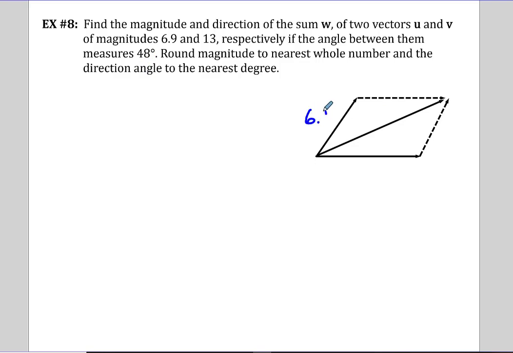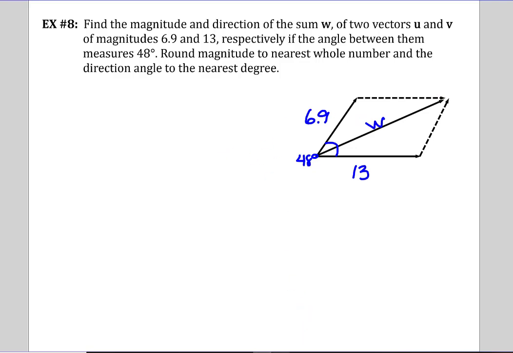So we'll call this vector u and this vector v, and the sum is the resultant. That's this vector here on the diagonal. We also know the angle between them measures 48 degrees. So this angle is 48 degrees. And this angle over here would be 48 degrees.